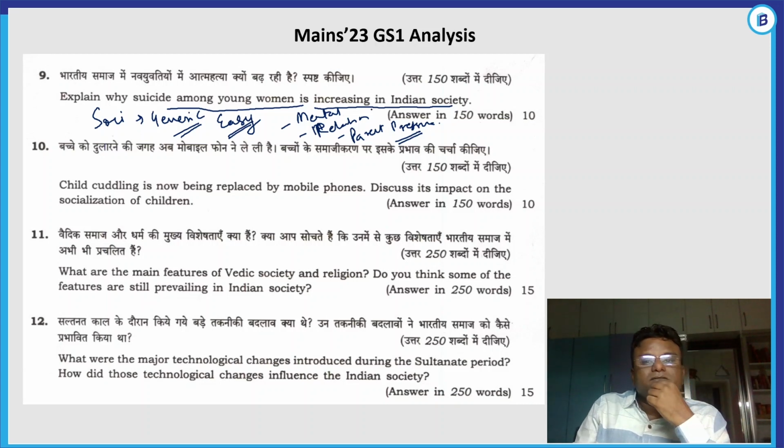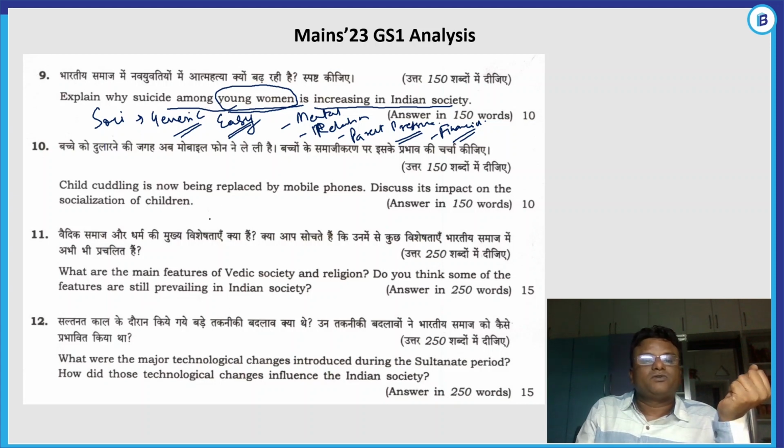It says young women, okay, so think from that perspective, right? Marriage related issues, relationship issues, mental stress, study, parental pressure, there might be financial stress also, all these factors, but otherwise this is very straightforward.